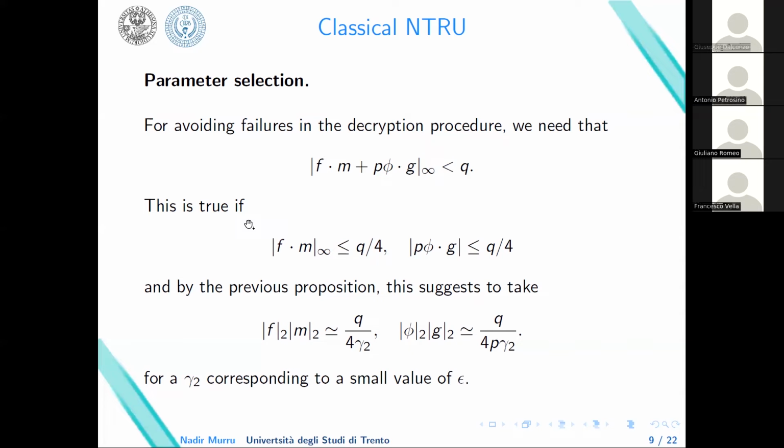And one can obtain some conditions on the private key and on the plain text in order to guarantee this condition. And so we can take a plain text, or a private key, in order that it is almost always guaranteed that the polynomial A has coefficients in our desired interval.